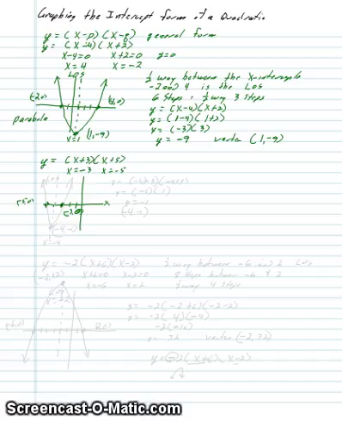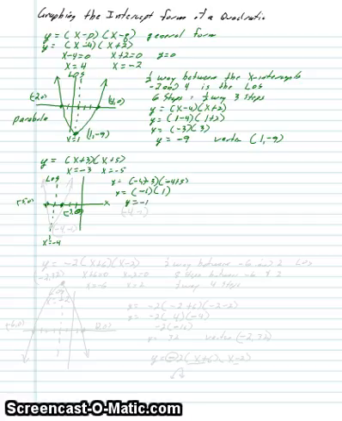Now, the line of symmetry is halfway between negative 3 and negative 5, or at x equals negative 4. I substitute the negative 4 into the equation, so y equals negative 1 times positive 1, or y equals negative 1.